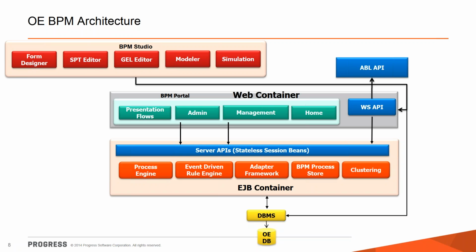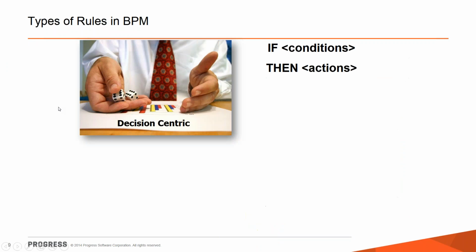So let us see what the different types of rules in BPM are. Normally they are decision-centric rules. The first one: these rules are very much passive in nature. This means these rules get triggered based on the data flowing within the processes. Normally we define the rules in the decision step to control the BPM flow, not for the execution of the rules, but in order to control the BPM flow.